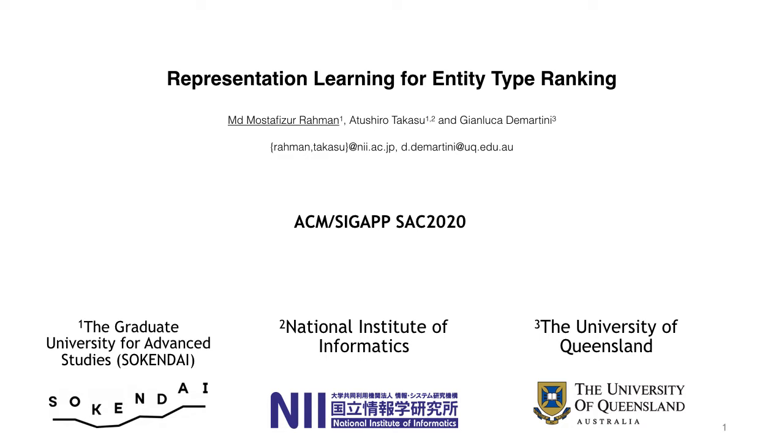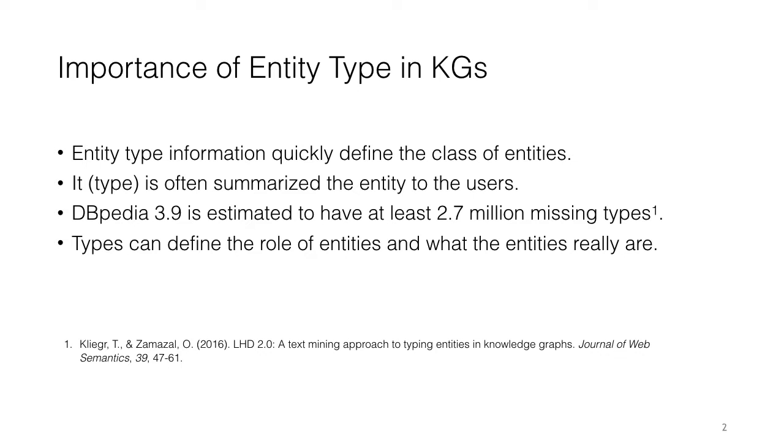Okay, let's move to the details of this presentation. The type of an entity is a key piece of information to understand what an entity is and how it relates to other entities mentioned in a document. Type information plays an important role in knowledge graphs or knowledge bases as website user expectations increase.